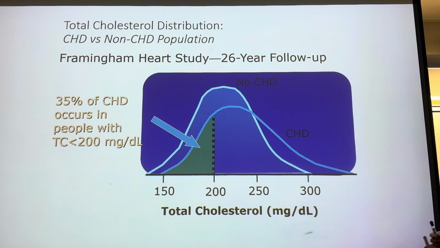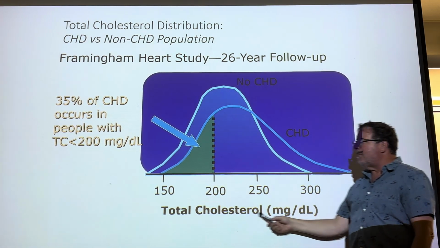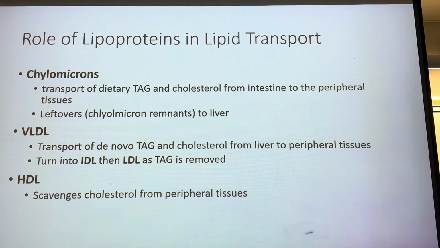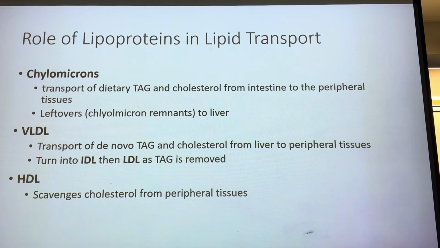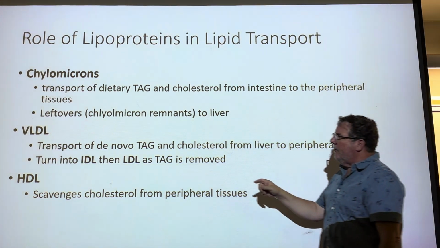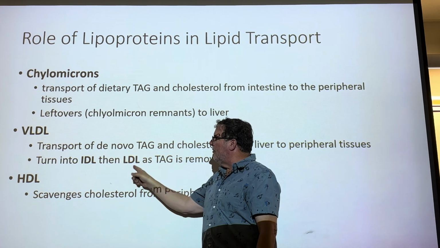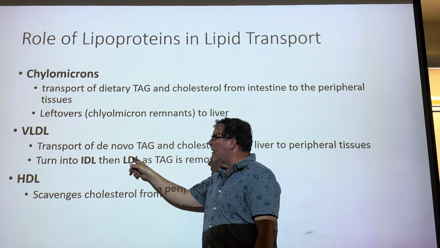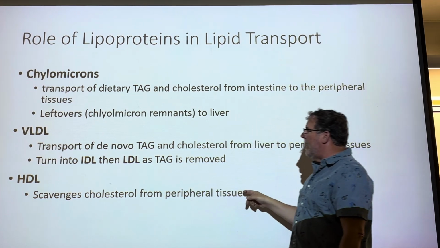Well, one of the things that's going on there is that total cholesterol is probably too crude of a measure of what the real risk factors are. So we talked about these different places where cholesterol resides in the blood, and most of the serum cholesterol is associated with LDL particles, and then HDL particles.